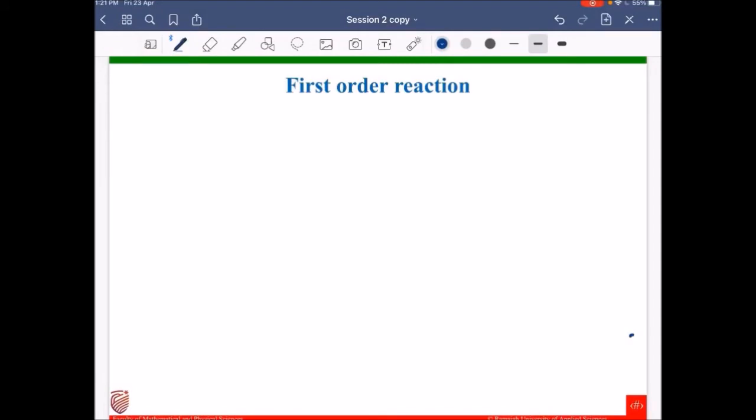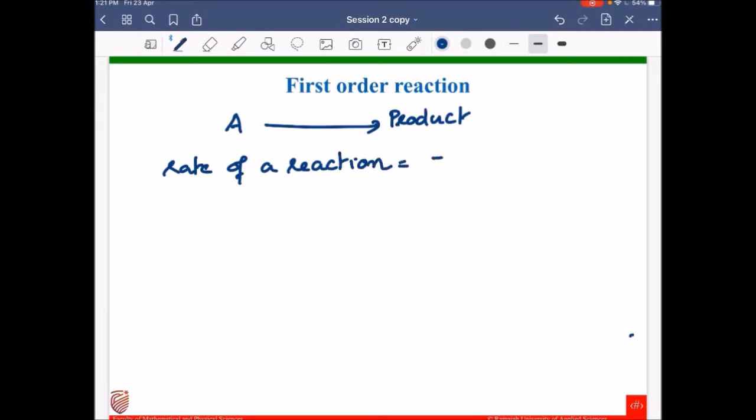Similarly, we can derive the rate constant equation for a first order reaction. We will consider a reaction where reactant A is converted into products. We can write the equation for the rate of a reaction: minus dA by dt.